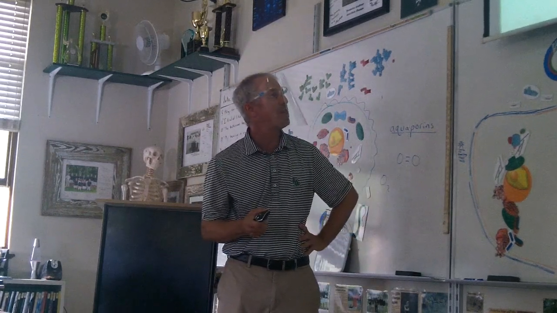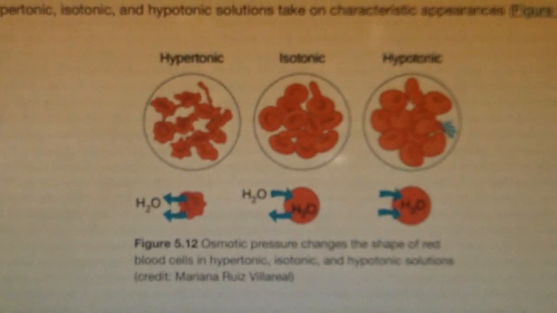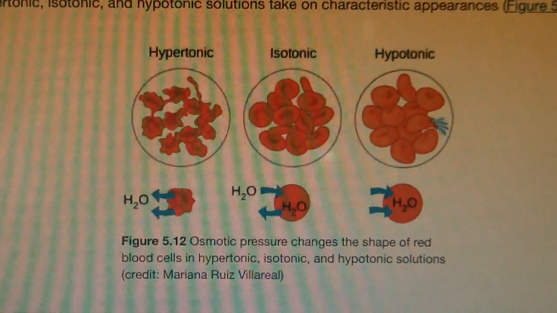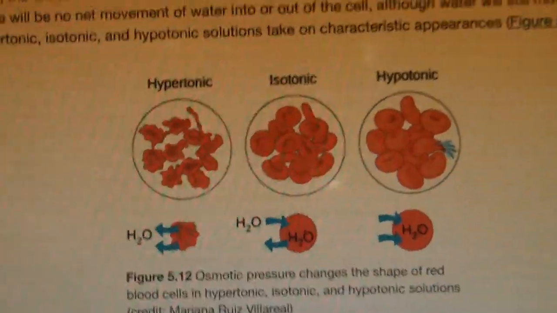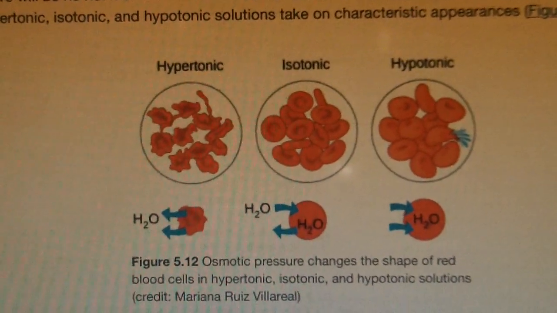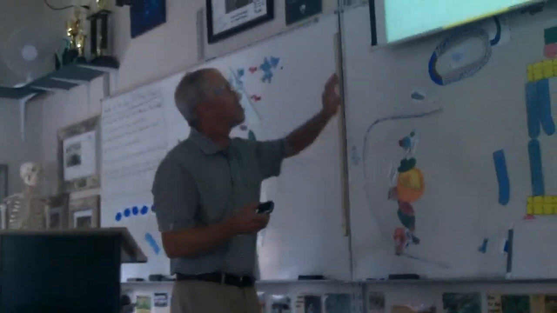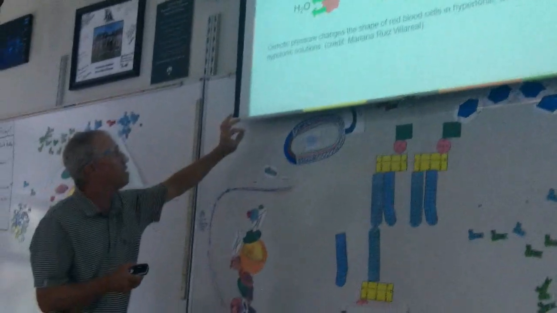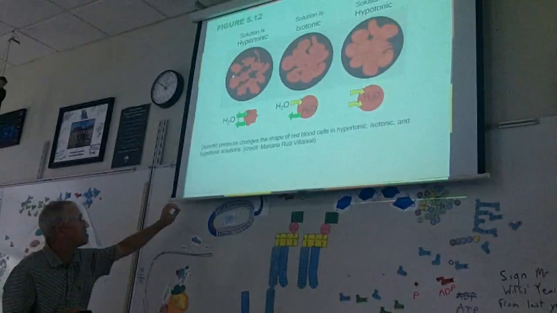Here's what would happen to blood cells if you put them in these different types of solution. If the solution is hypertonic and you put a blood cell in it, hypertonic means a high amount of sugar or salt. Think of the word hyper means you got a lot of sugar in you. If the solution has a lot of sugar in it or salt in it, look what happens to the cells.